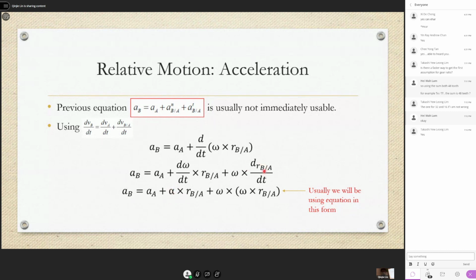And then at the end here, dRBA over dt, you differentiate your position, you will get velocity. Basically this whole thing is the velocity.